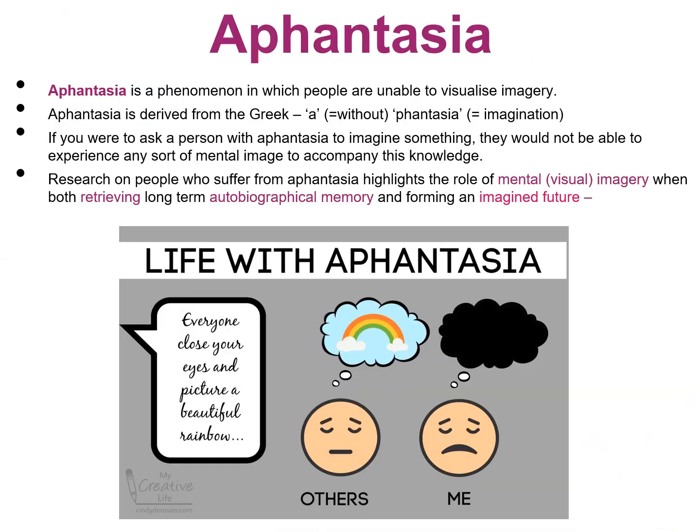Now, with aphantasia, derived from the Greek without imagination, the emphasis on this is the inability to use visual imagery. And then we need to explain how that's going to impact autobiographical memory.